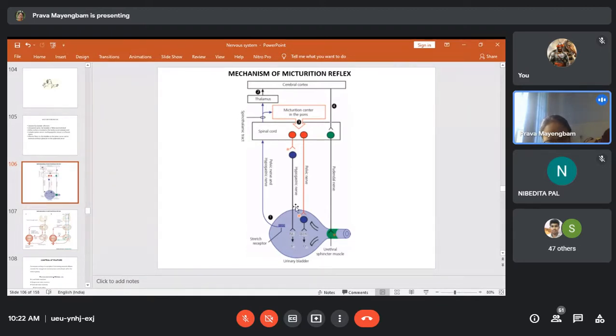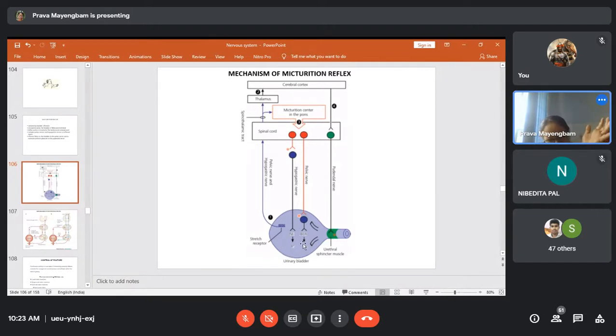Slowly, urine will keep filling because the urinary bladder receives urine through two ureters, one here and another here. When the bladder is filling, the pressure will not be much when it starts, and also the detrusor muscle has the ability to stretch.